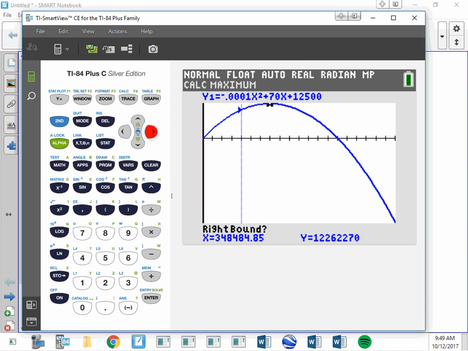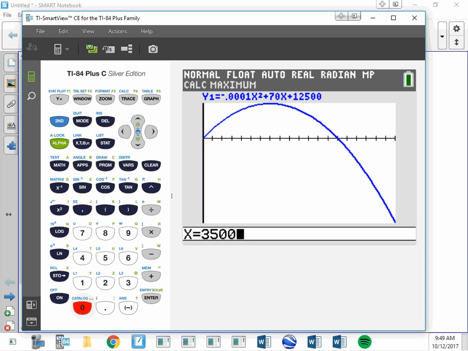And then once I'm over there, I can hit enter. Or if you know your X scale, you can just type the numbers in. So I'm going to hit enter over there. Do those two lines capture the vertex? Yes, now the calculator wants a guess. So I think it's about 350,000.